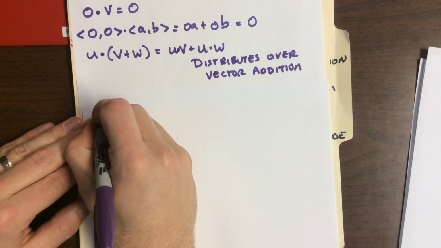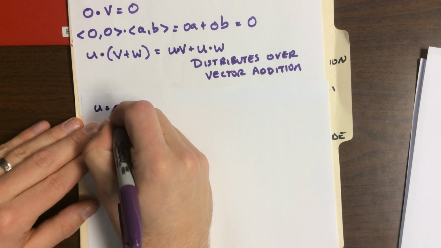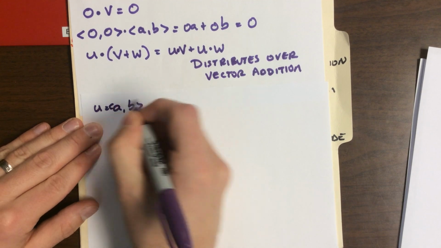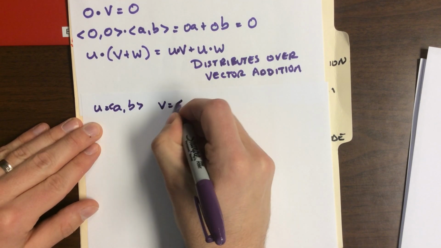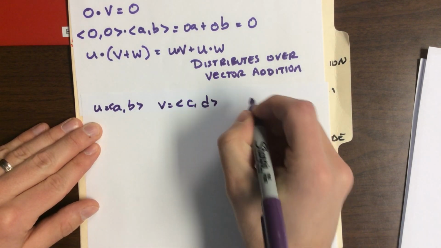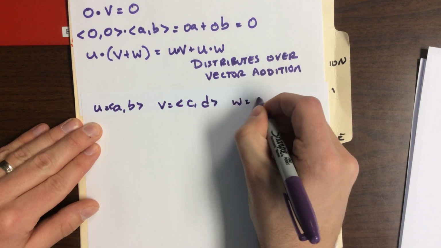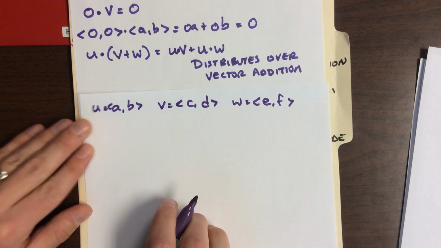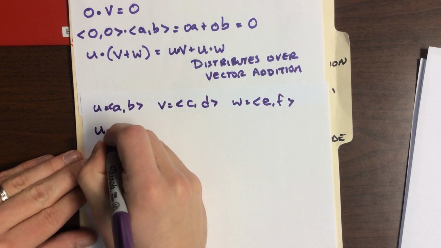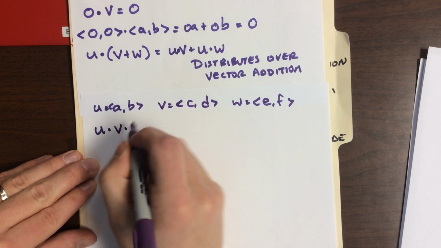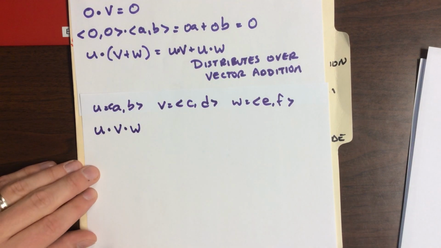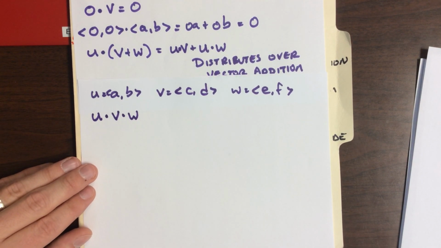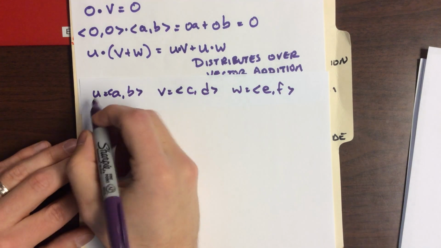How about if I take three vectors, U going to be AB, V shall be CD, and W shall be EF. What do we get if we do U dot V dot W?